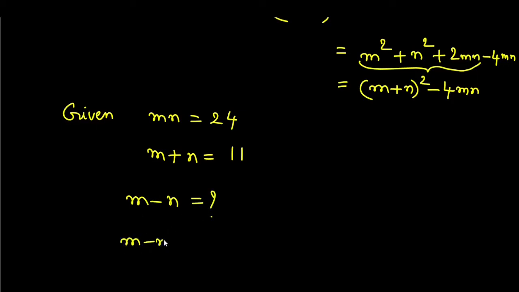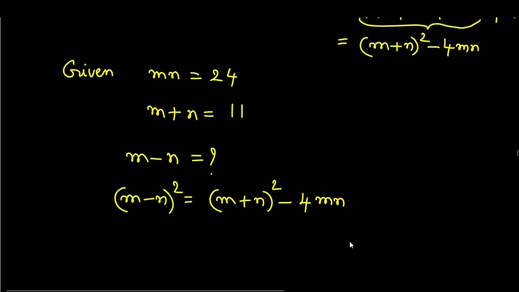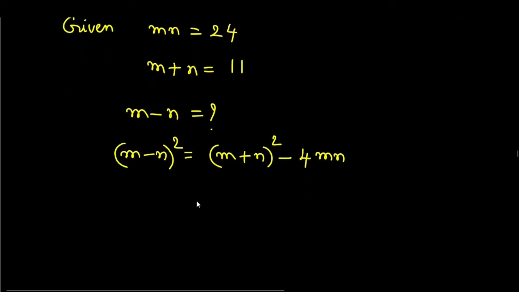So (m - n) whole square is equal to (m + n) whole square minus 4mn. (m + n) whole square means 11 square, minus 4 into 24. mn is 24, so 4 into 24.